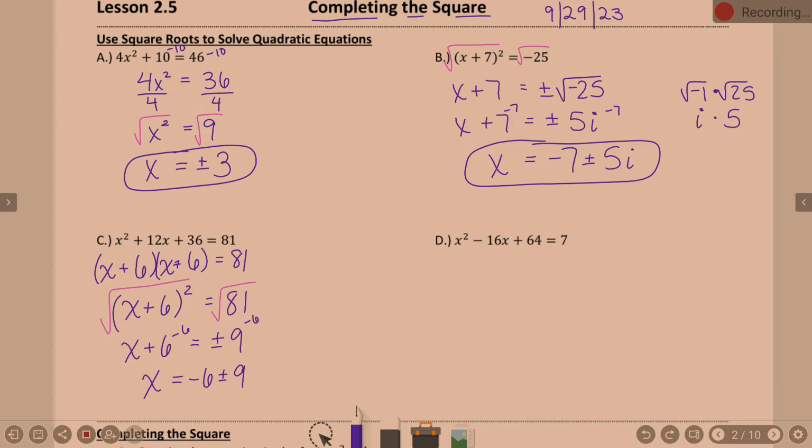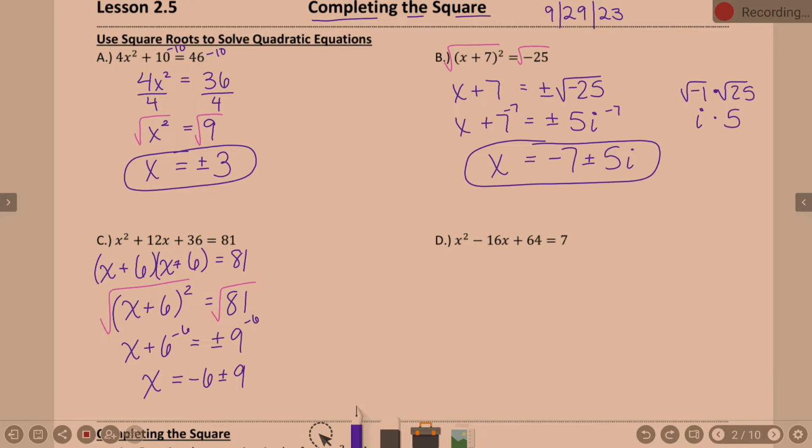Do I have to swap for each? Do you have to add -6 and plus or minus 9? In other words, up here I stopped because could I add a -7 and a 5i? Could I add a number and an i? No. Do I have an i here? Nope. Can I add a -6 and a 9? Or -6 and a -9? So you're still going to have two answers.